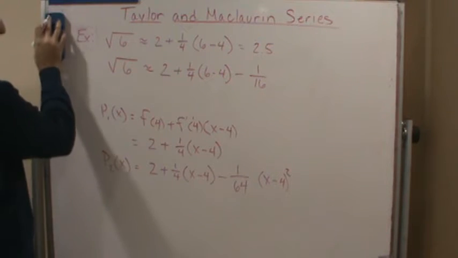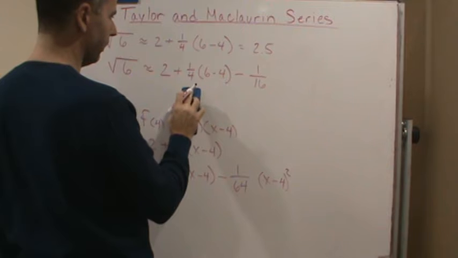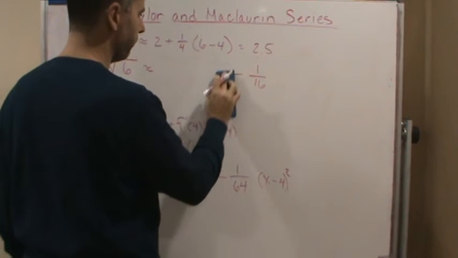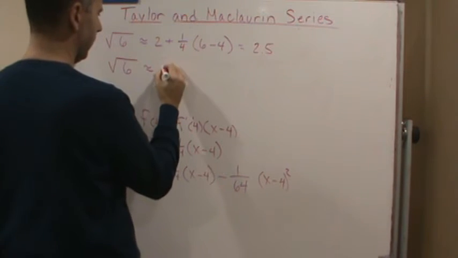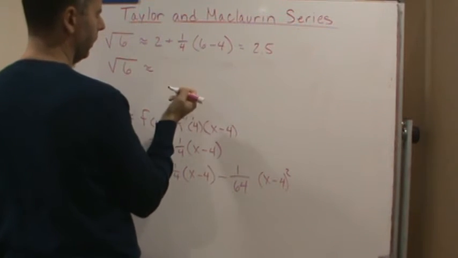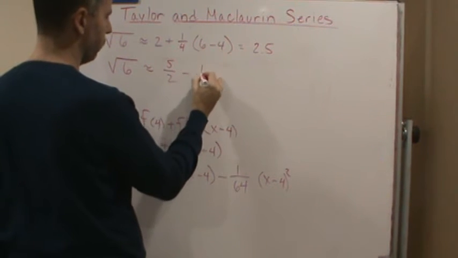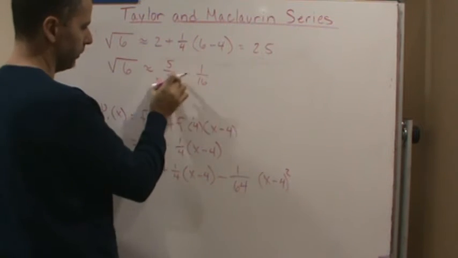So what do we get? This first part is 2.5, so this is going to be 5 halves minus 1/16. I don't have my calculator with me, so I'm just going to do this.